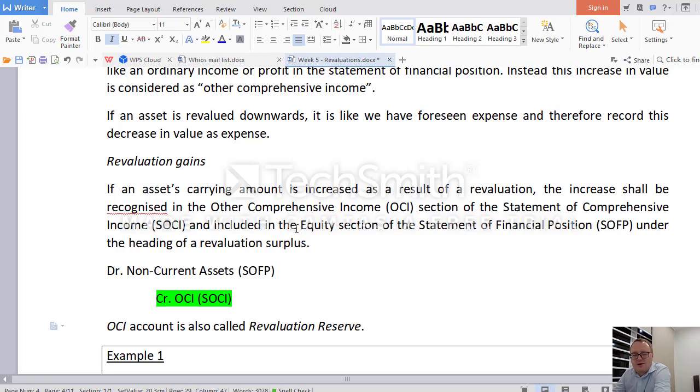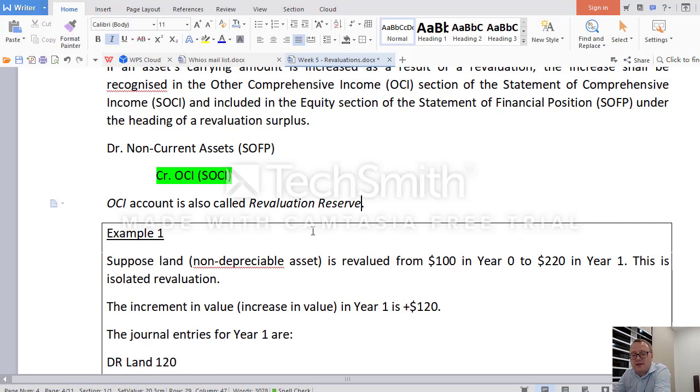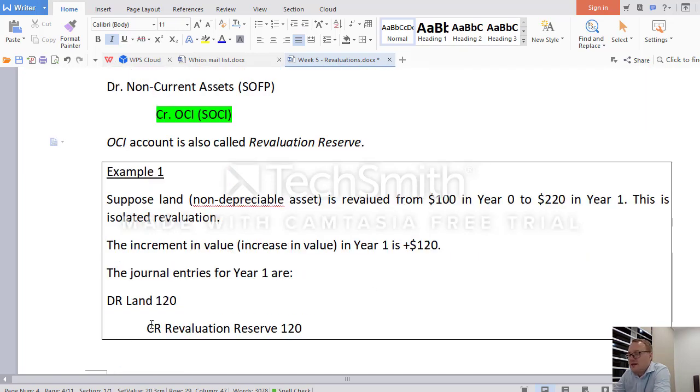So example, land, let's start with non-depreciable asset, it's easier. The land is revalued from 100 to 220. What's the difference? 120. 220 minus 100, 120. So the journal entry would be debit land, $120, and credit revaluation surplus, revaluation reserve, 120.